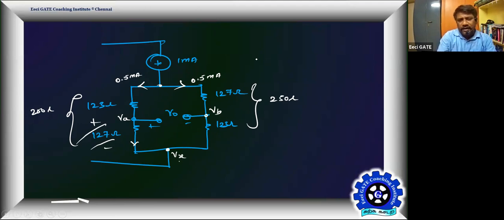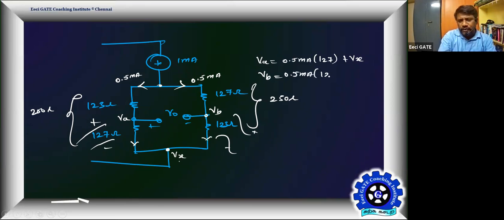So I can write VA as 0.5 milliamps into 127 plus Vx. Similarly, I can write VB as this voltage plus Vx. The current is still the same 0.5 milliamps. So 0.5 milliamps into 123 ohms plus Vx.